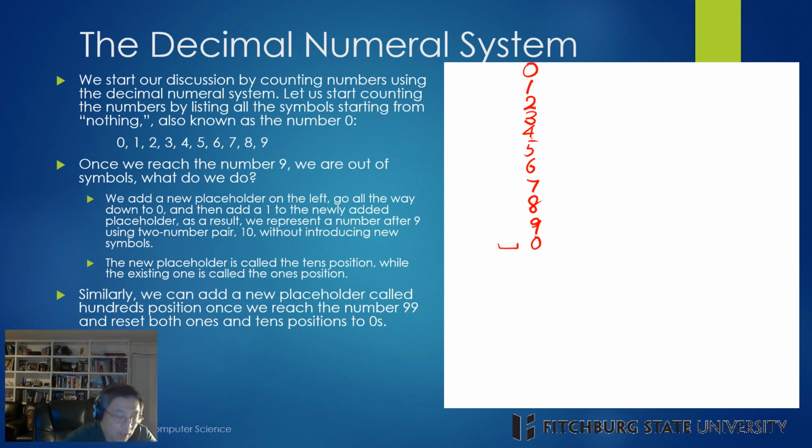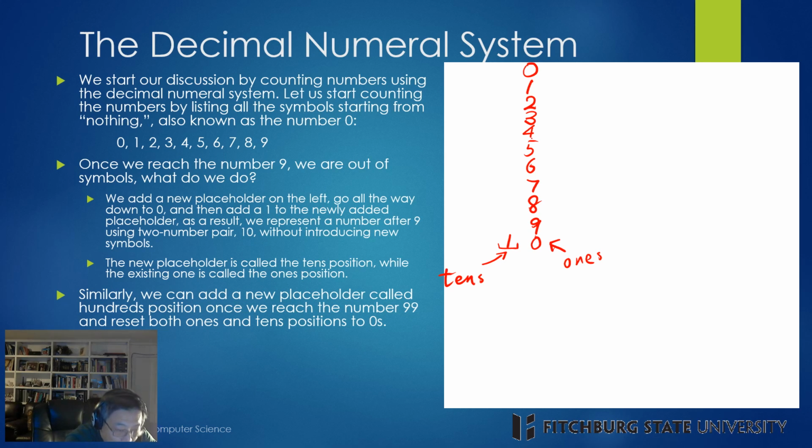This new placeholder is called the tens position, for number 10. The current position is called the ones position. Then we add a 1 to the tens position. So we get 1, 0. That's number 10, which is 1 more than the number 9.